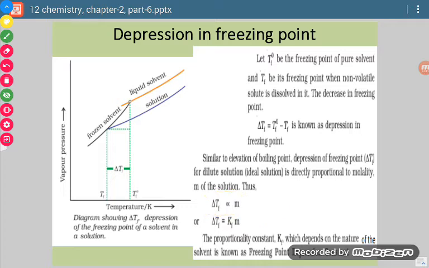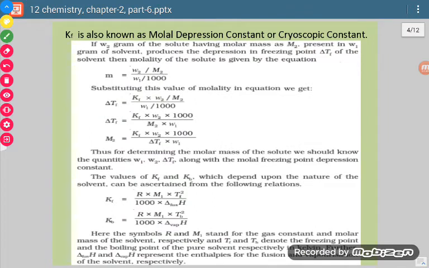Now this Kf, just like Kb was there in elevation in boiling point, similarly here it is Kf. So Kf is known as freezing point depression constant, or there are two other names. One is molal depression constant or cryoscopic constant. So sometimes we are asked to define cryoscopic constant or molal depression constant.